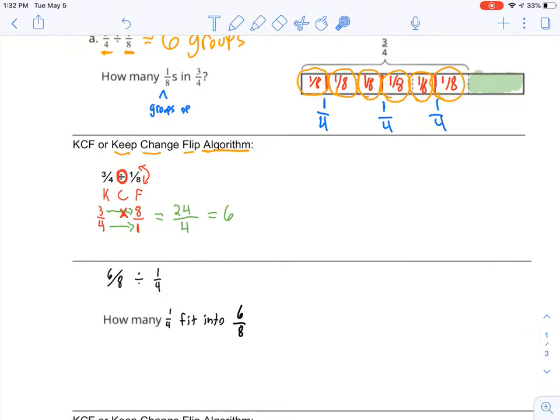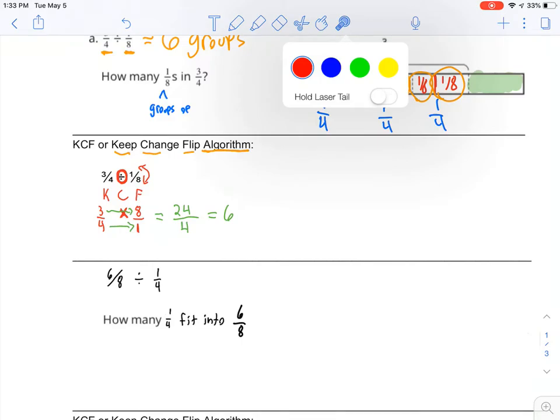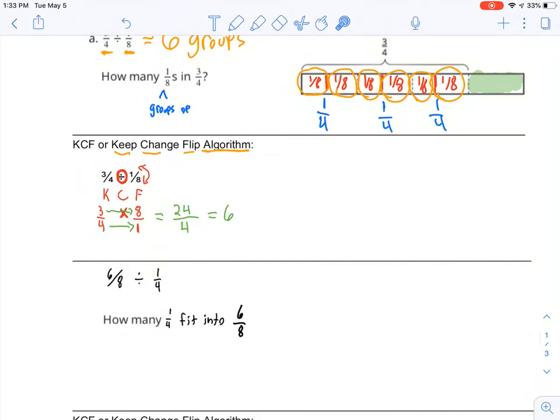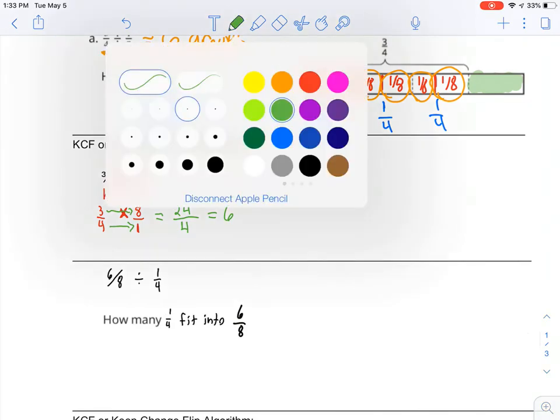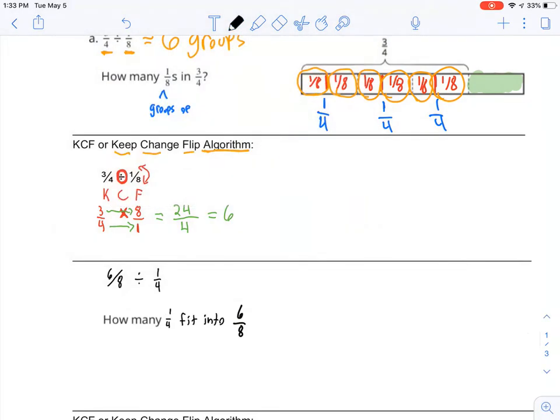This time we have 6/8, and we want to divide that into groups of 1/4. So in order to think about that, we need to think about how many 1/4 fit into 6/8. Okay, well, let's go ahead and make our groups of 6/8.